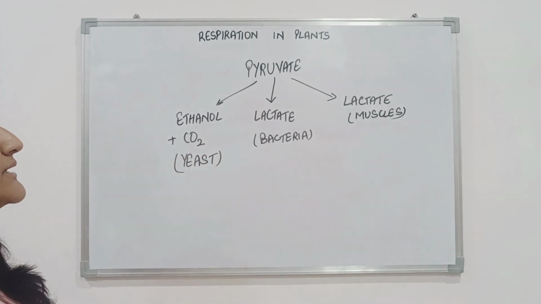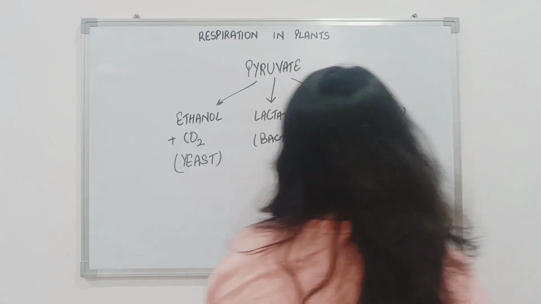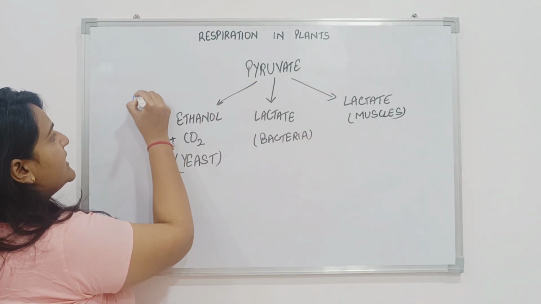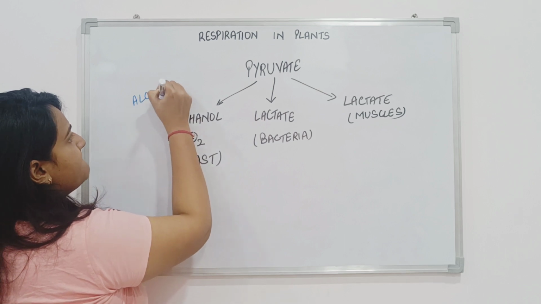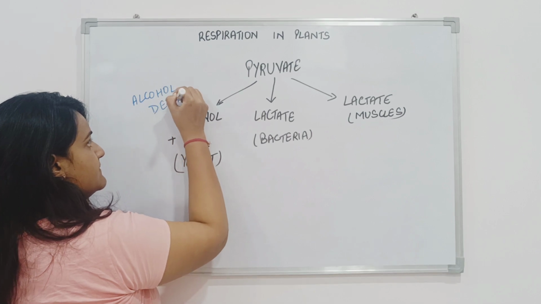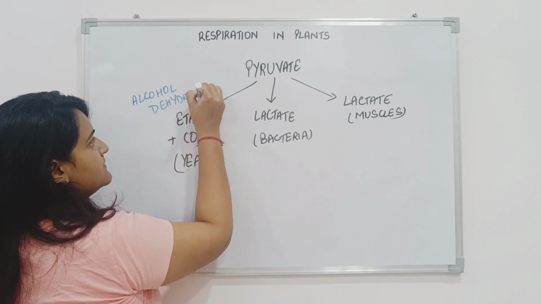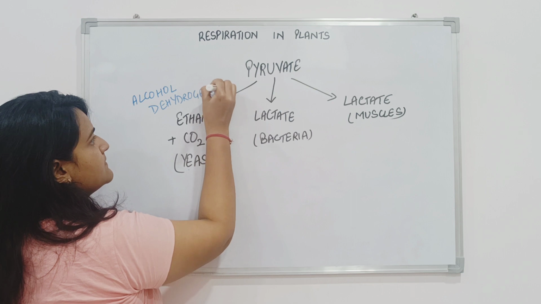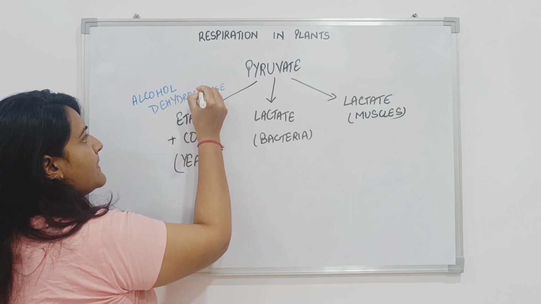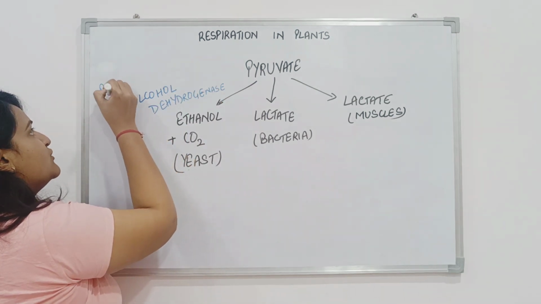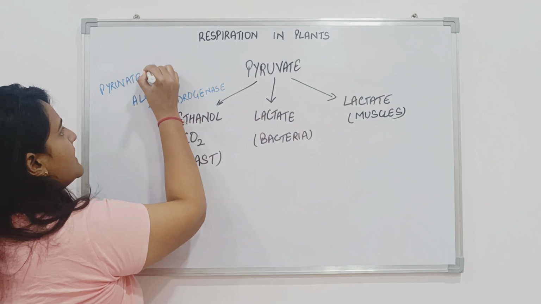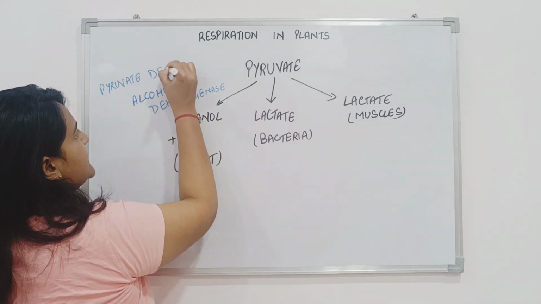Okay, now what are the enzymes that are used here? Here ethanol is formed, so alcohol dehydrogenase, okay, and pyruvate decarboxylase.